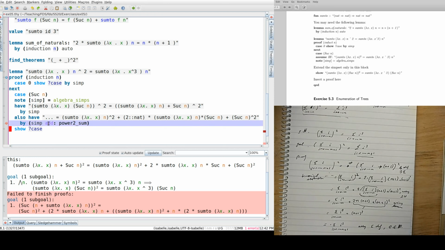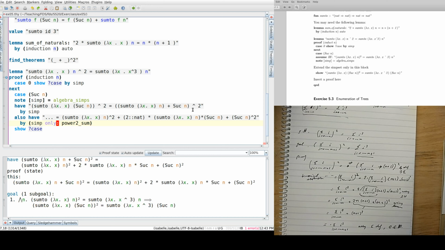So one way to avoid that is just to tell the simplifier to only simplify with power to sum, so not to apply the definition of addition. The definition of addition is defined in a way such that x plus Suc n equals Suc (x plus n), and that's what happens, and this is rewritten before the power to sum lemma. Okay, so now that's the binomial expansion.